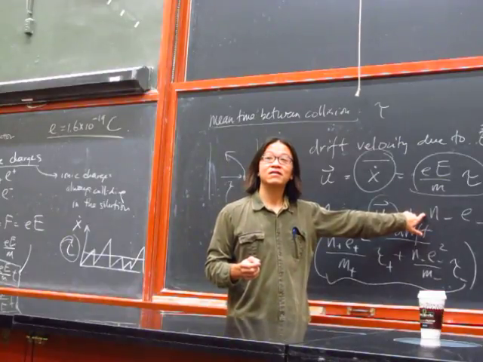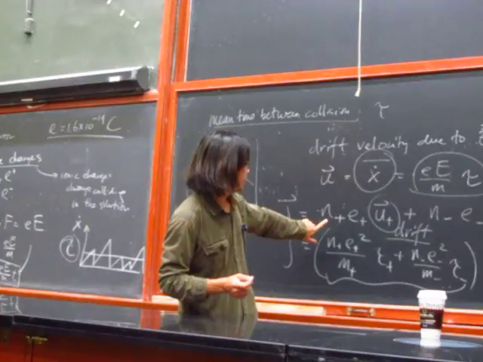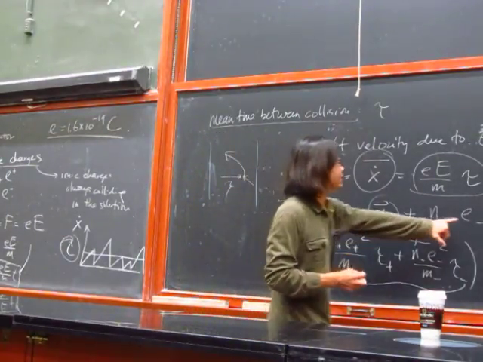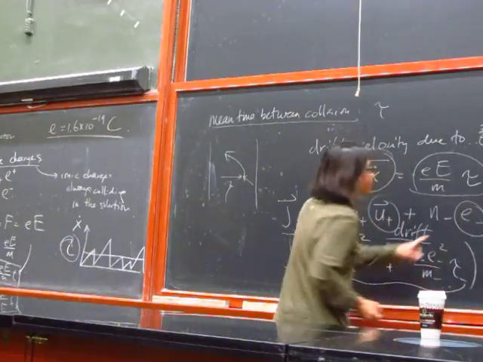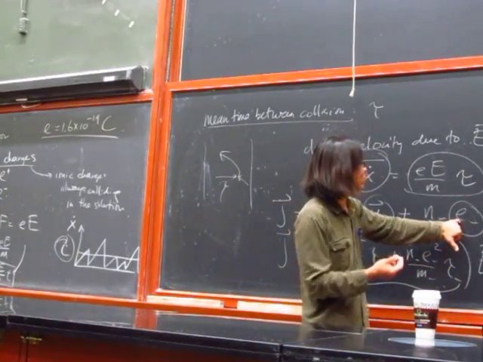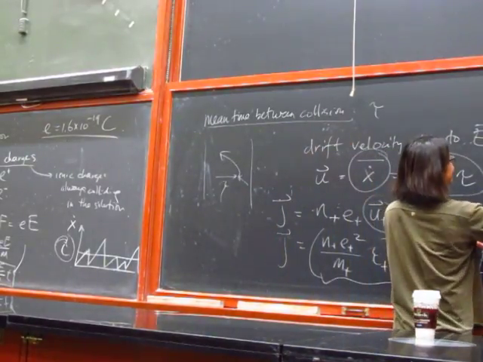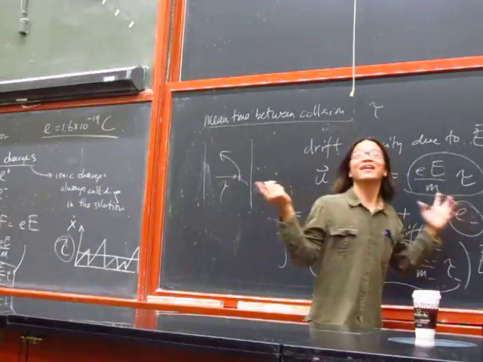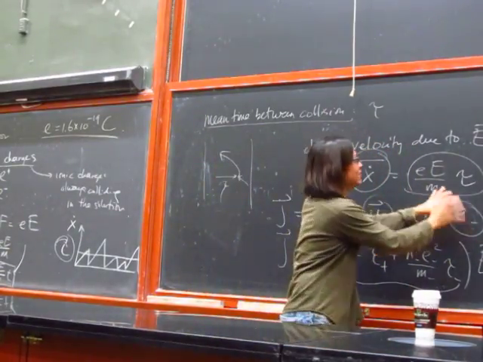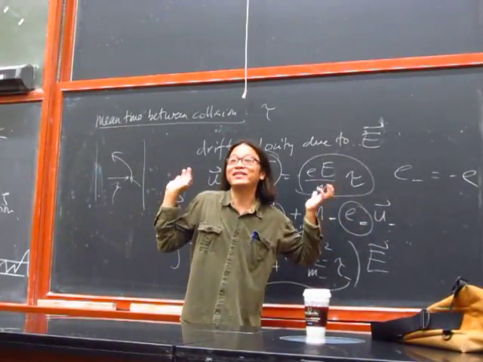Well, it depends on whether I put a minus inside the E or outside the E. I put E minus here, so E minus here is minus E. I just want to keep all the charges encapsulated within this index sign, so I don't have to worry about the minus sign.